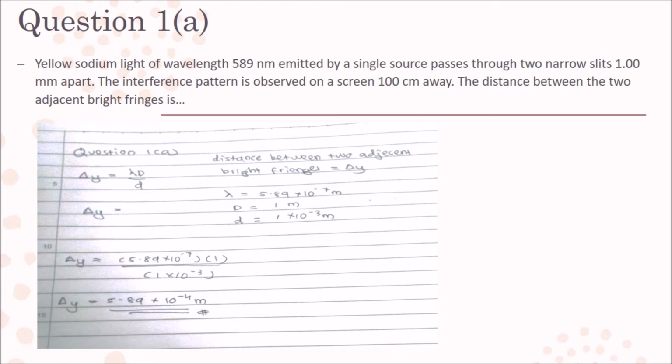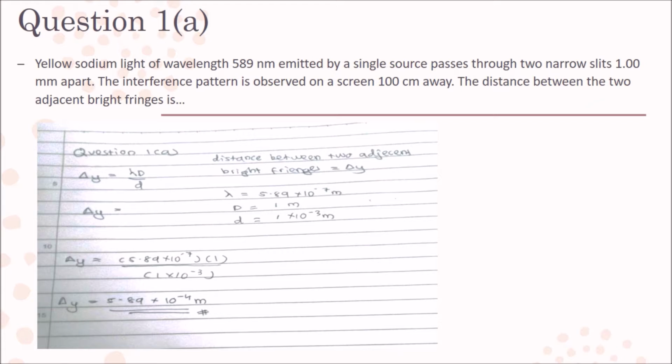The information given is lambda equals 5.89 multiplied by 10 to the power of negative 7 meter, D equals 1 meter, and small letter d equals 1 multiplied by 10 to the power of negative 3 meter.